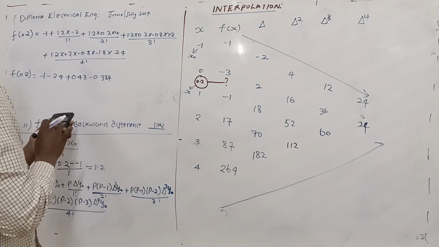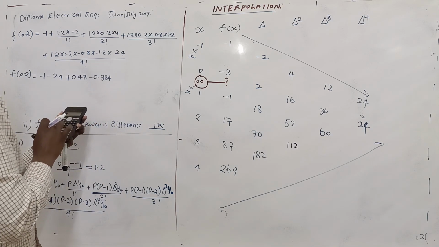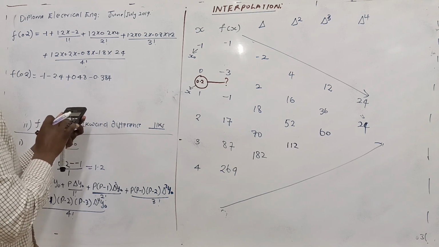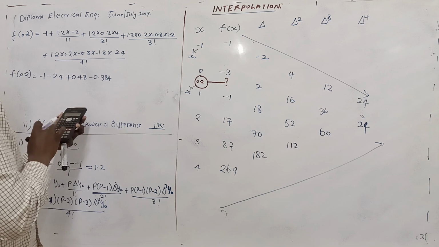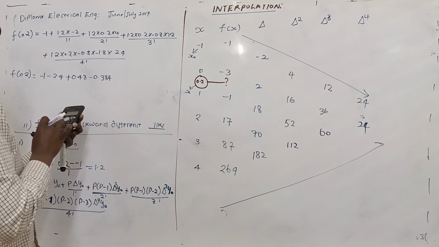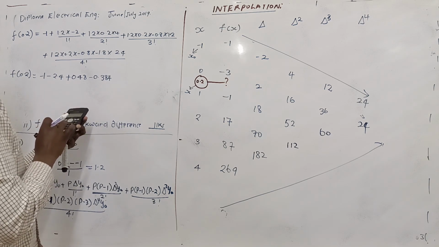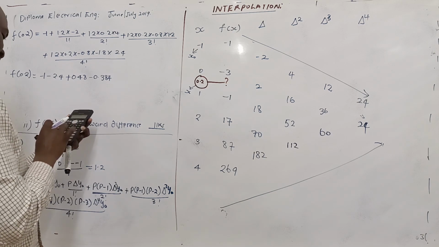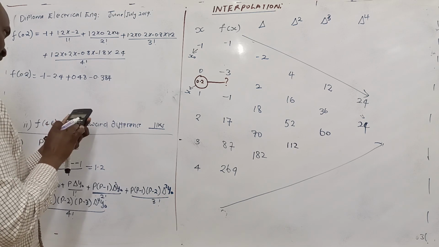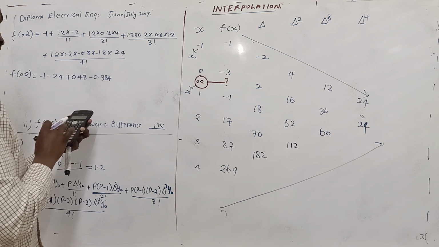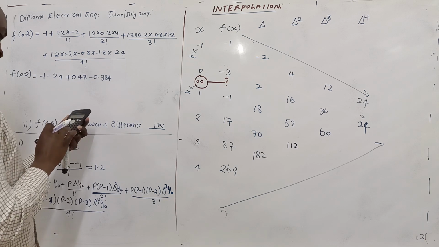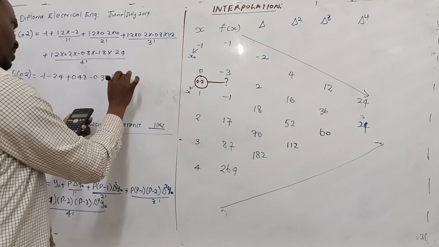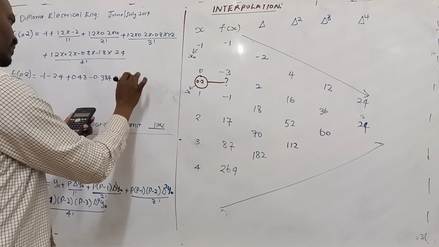Then the next one is 1.2 times 0.2 times negative 0.8 times negative 1.8 times 24, divided by 4 factorial, which is 24, is positive 0.3456.